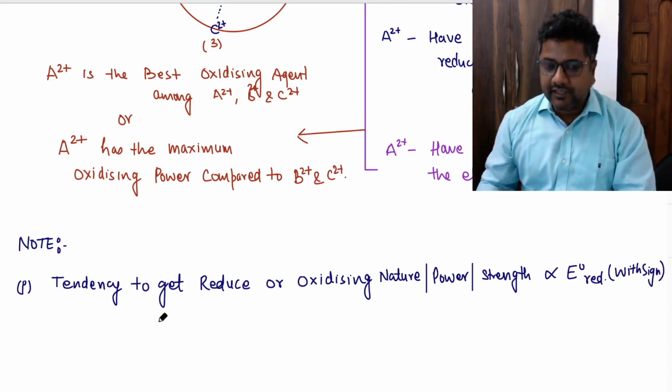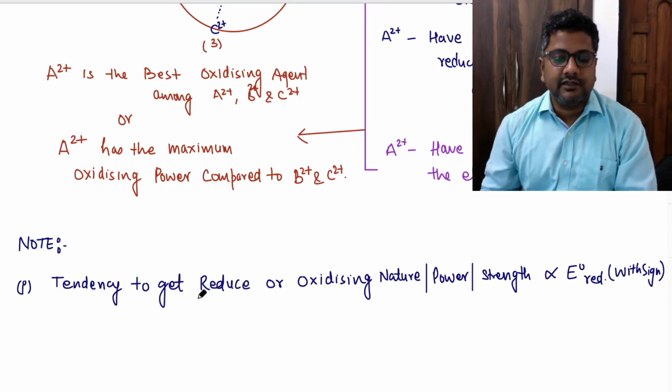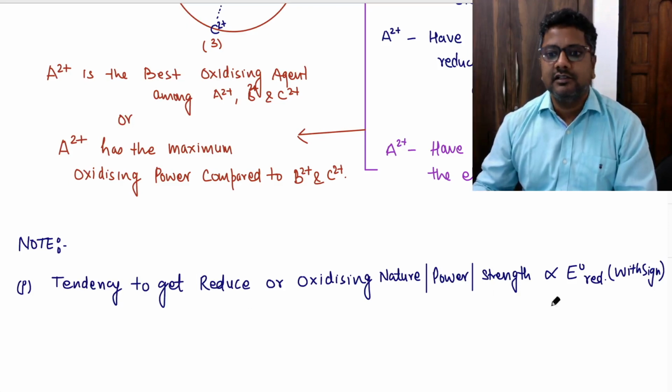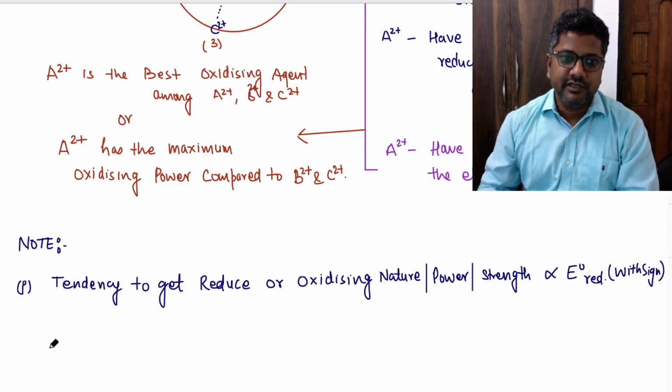So whenever it is asked what is the tendency to get reduced or oxidizing nature or oxidizing power or oxidizing strength, you can directly compare the E naught reduction values.